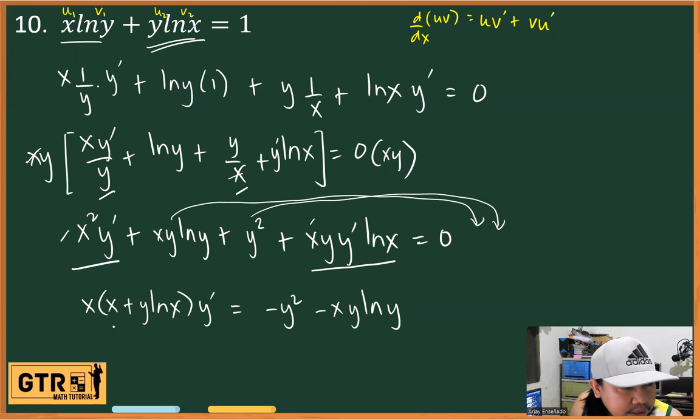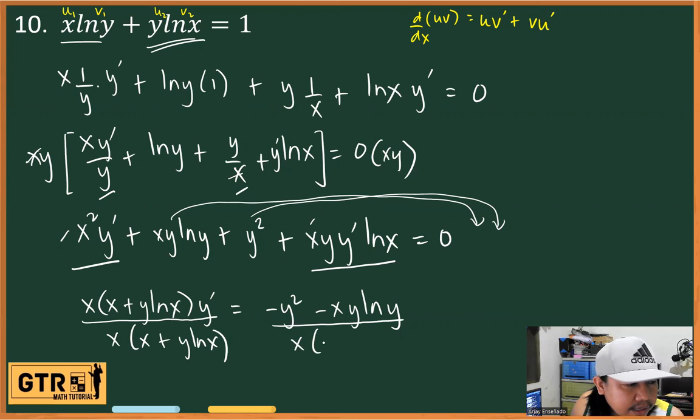So just divide both sides by this term. Divide both sides by this term, x plus y ln x. Divide lang natin. So we have x times x plus y ln x. So that will be the final answer. Or let's just simplify. Put the negative sign. Okay. So put the negative sign here.